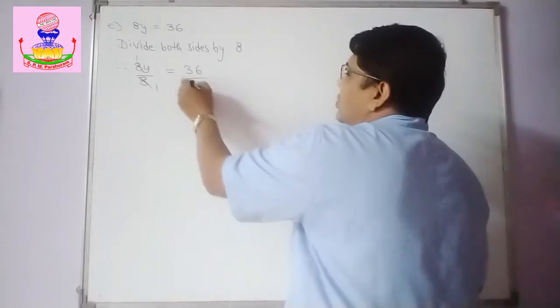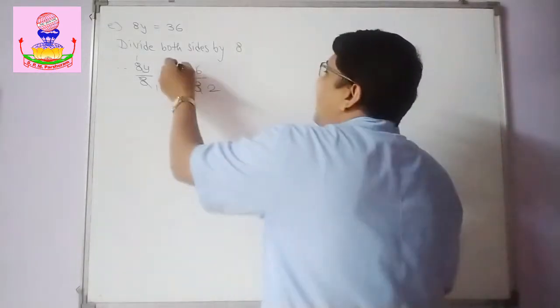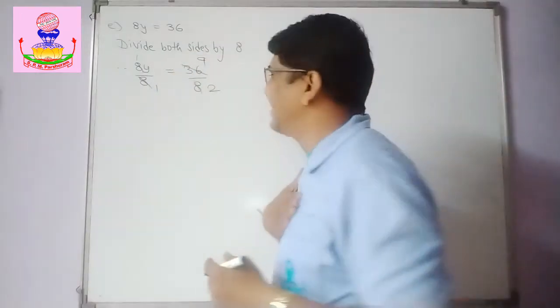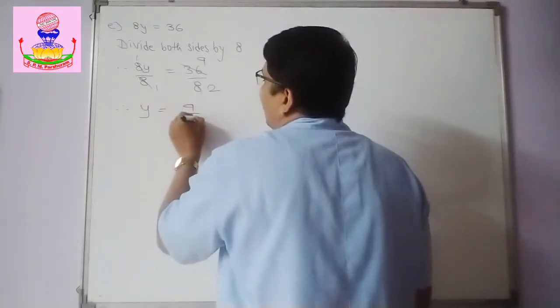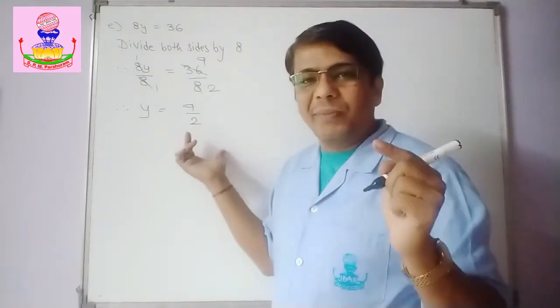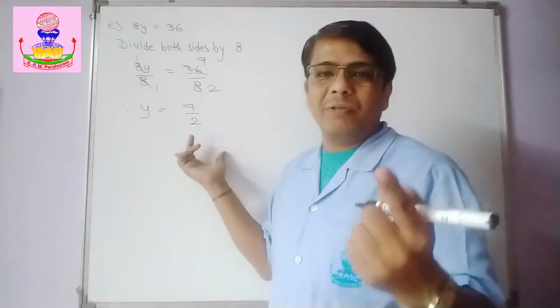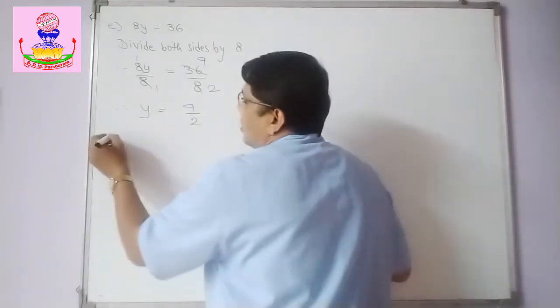So, 4 2s are 8. Right? And 4 9s are 36. I know the tables. Right? So, y is equal to 9 upon 2. This is the lowest possible form. I believe you have studied the lowest possible form of a fraction of a number. Okay, so this is the solution.